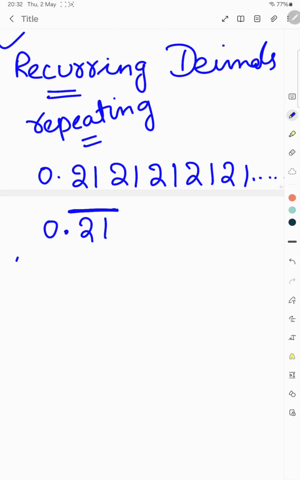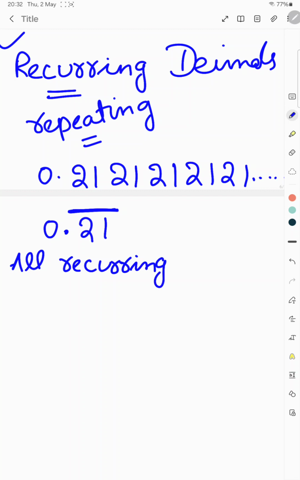So student, why am I talking about recurring decimals? Because all recurring decimals are infinite geometric sequences. Always remember, all recurring decimals are infinite geometric sequences. I will write it here for you, so that it's a point which can be used in objectives too.